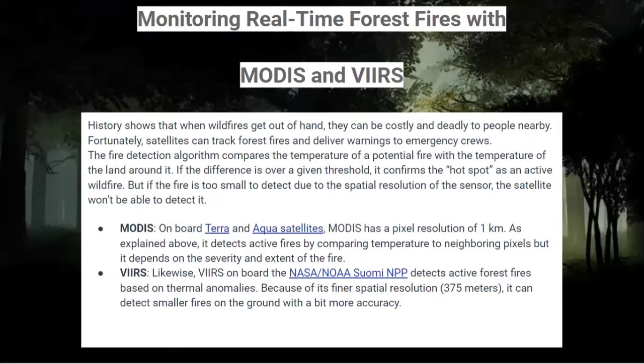MODIS has a pixel resolution of 1 kilometer, and it detects active fires depending on the severity and extent of the fire. Now the second one is VIIRS. It is on board the NASA satellite, which detects active fires based on thermal anomalies because of its finer spatial resolution, which is 375 meters. It can detect smaller fires on the ground with a bit more accuracy.